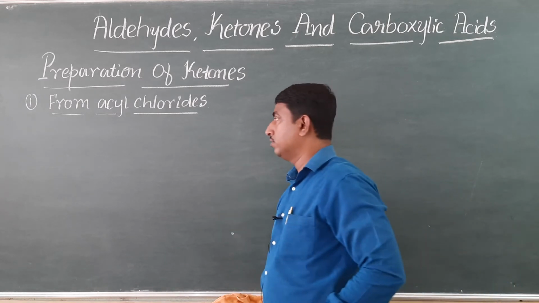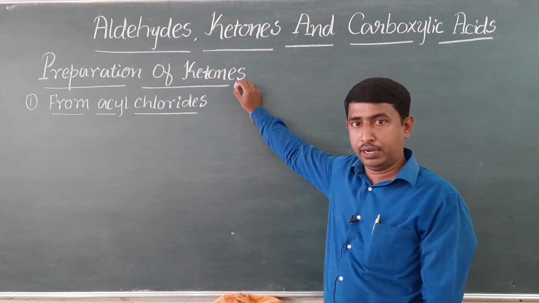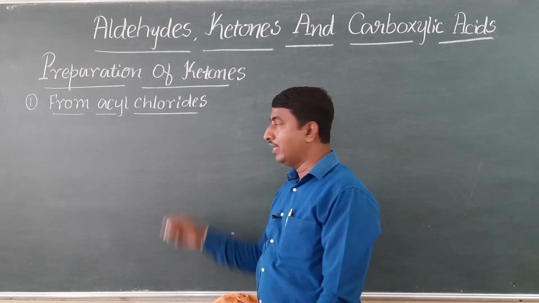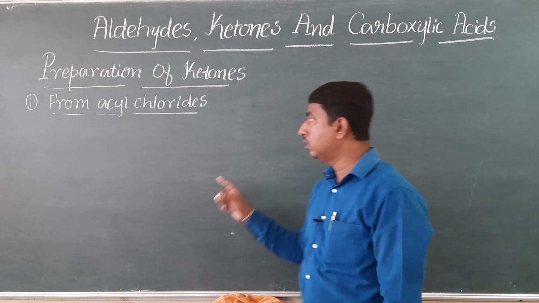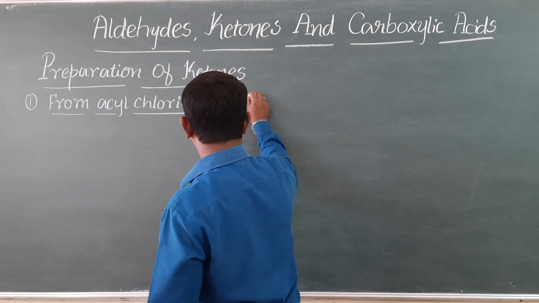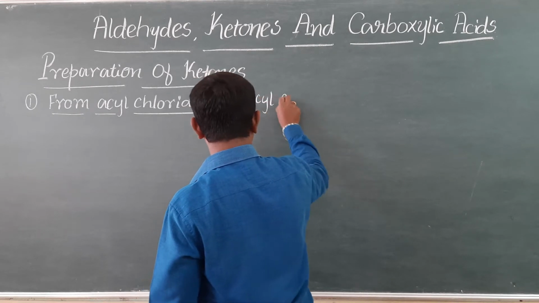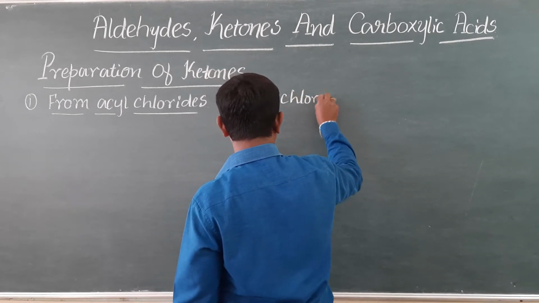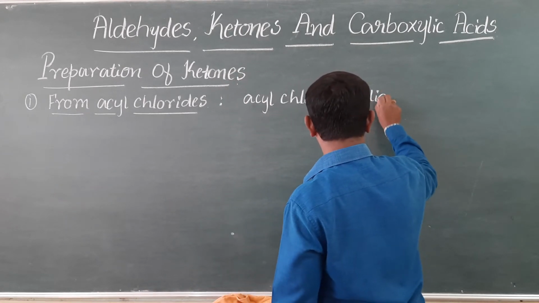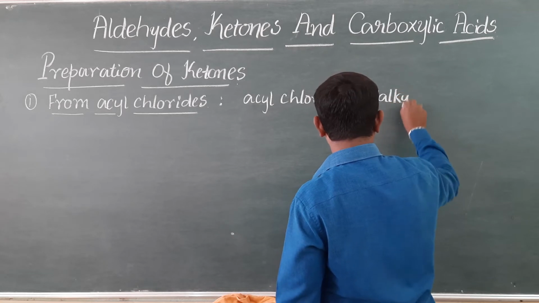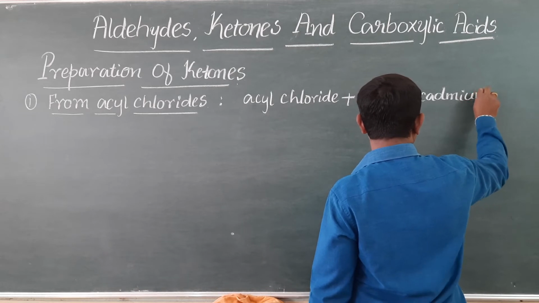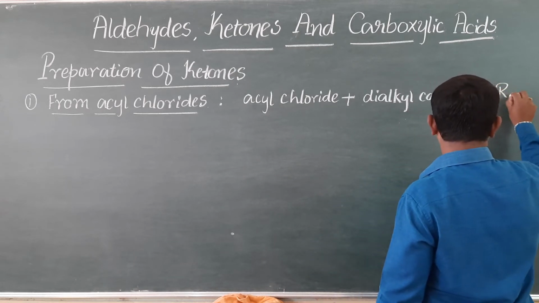Let us discuss this. See, ketones are easily prepared by treating acyl chloride with dialkyl cadmium compounds. So, what is this method? Acyl chloride treated with dialkyl cadmium, that is R2Cd.